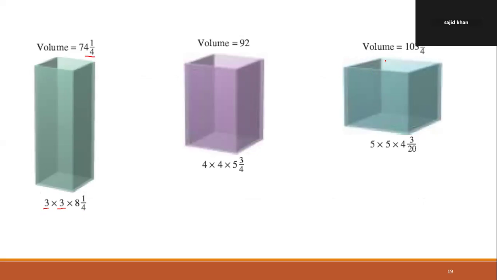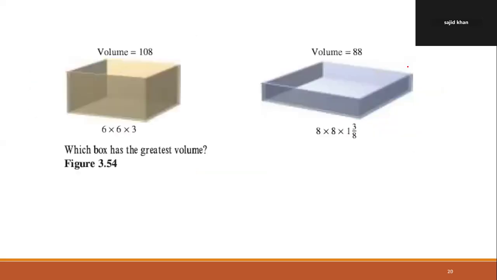Secondly, if we have x equal to 6, when x is equal to 6, h is equal to 5.75. Now in this case, we have a volume of 92 square inches. And similarly in this case, all these values are less than the value of 108. So the 108 value is basically our maximum value, which is at x equal to 6 and h equal to 3.